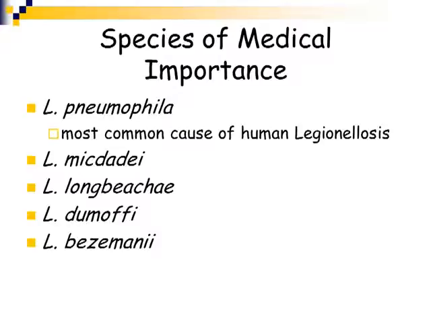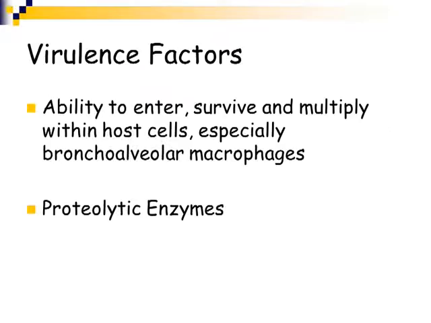Now, Legionella pneumophila is the most notorious species of Legionella that is associated with human diseases, and this is the organism that causes legionellosis. There are several other species of Legionella that we will not discuss because they don't cause a significant portion of human disease.